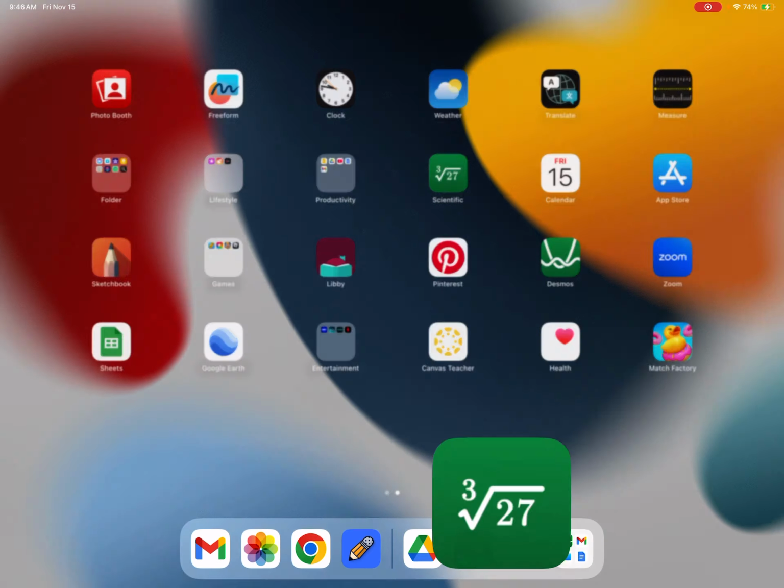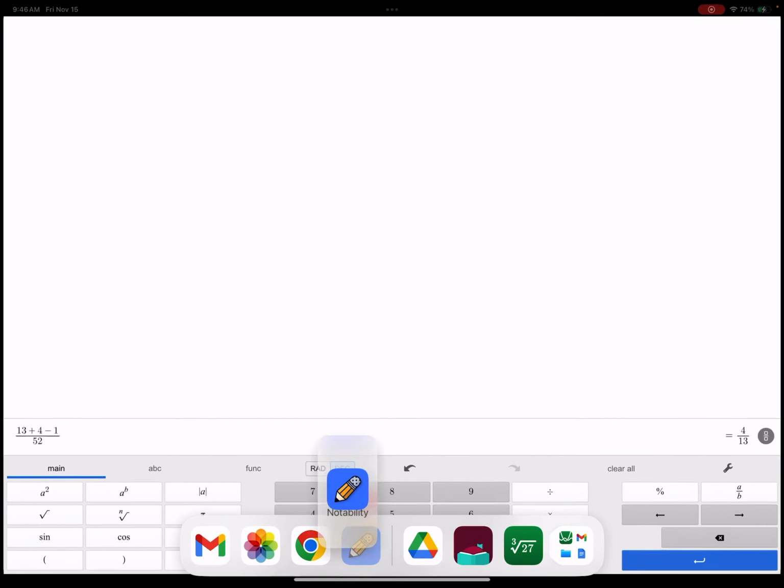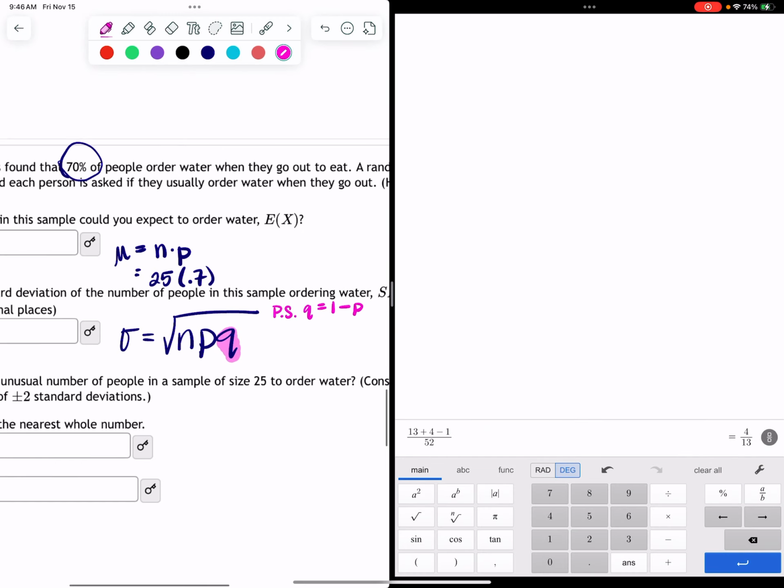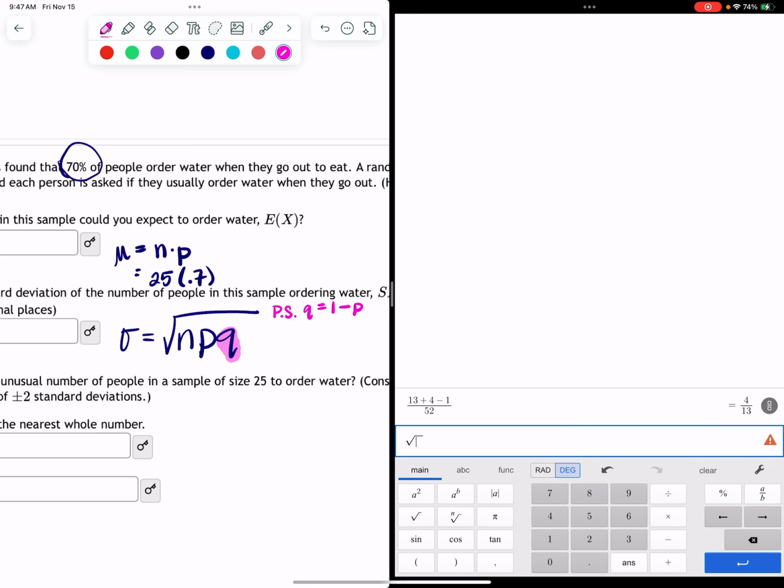So give me a second. I'm going to do the square root of 25, P was 0.7, and I need 1 minus 0.7. Miss Graham, couldn't you just do the 1 minus 0.7 and get the answer and then type it in?